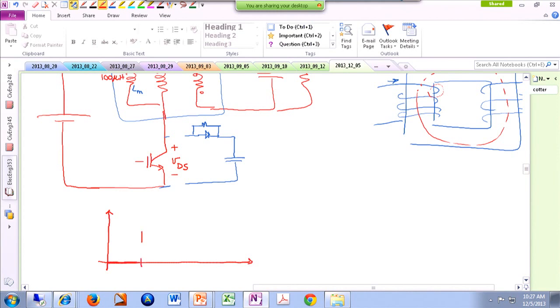In the second mode, it looks like this. And this level, if you remember, it was Vin plus, I think, N1 over N2 times Vout.